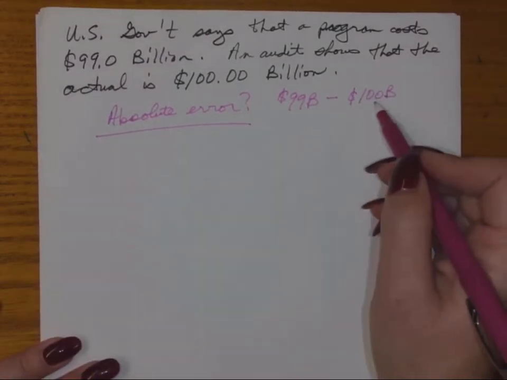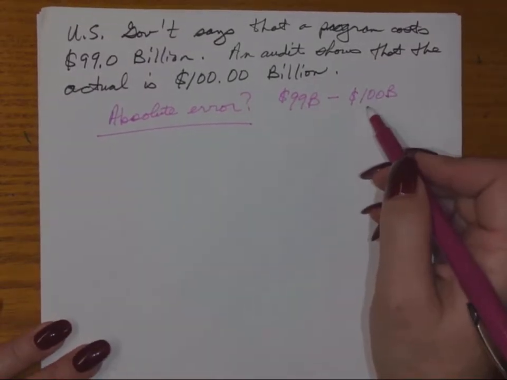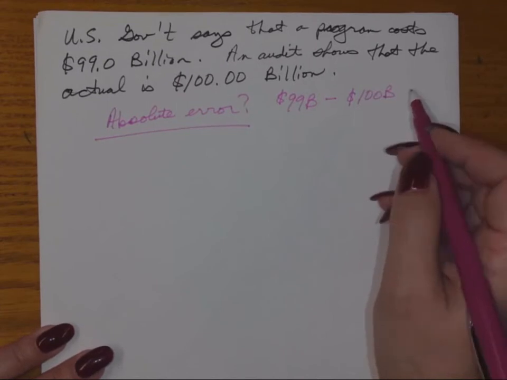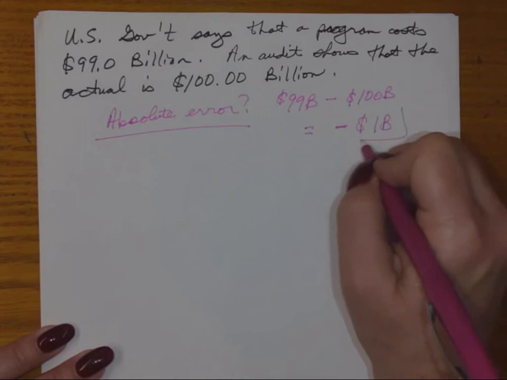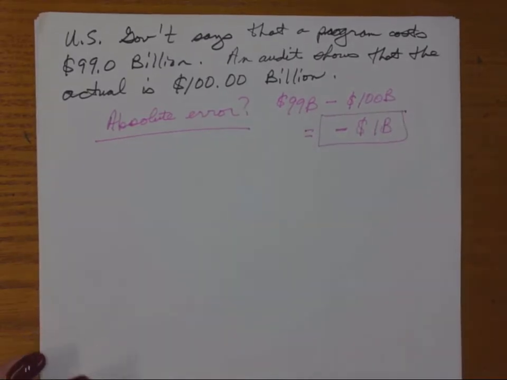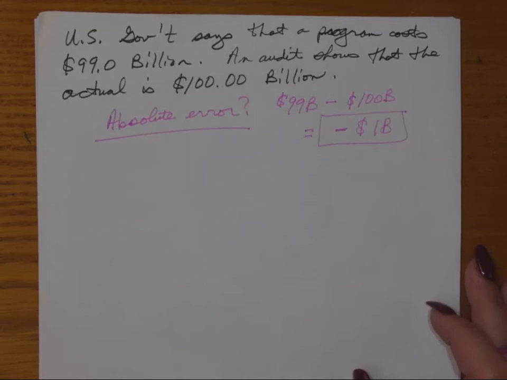Well, when you do that calculation, be really, really careful because signage matters here, right? So this is negative $1 billion. So in other words, they're underestimating by $1 billion. That's how much they're off by, which is a huge percentage whenever I'm doing stuff like this, right? So I've got to watch out for that.